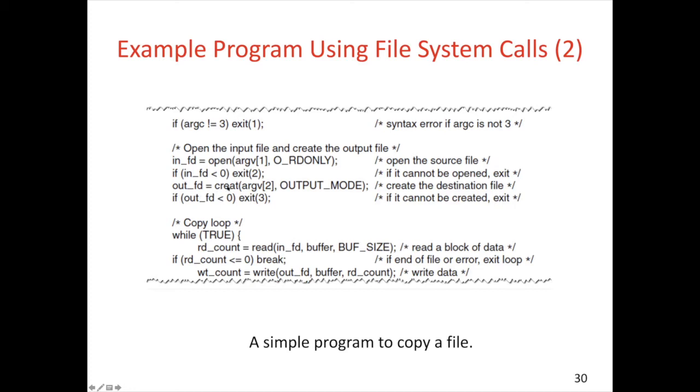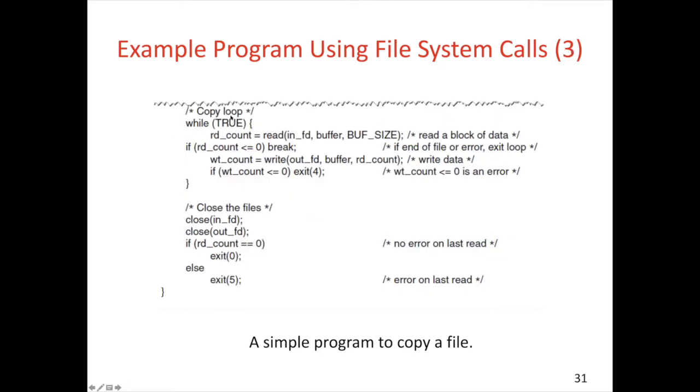outFD is set by create of argv2. This contains the name of the output file, along with the output mode. Create the destination file. If outFD is less than 0, exit with exit code 3. If it cannot be created, exit. Then we have the copy loop, while true, which is an infinite loop.